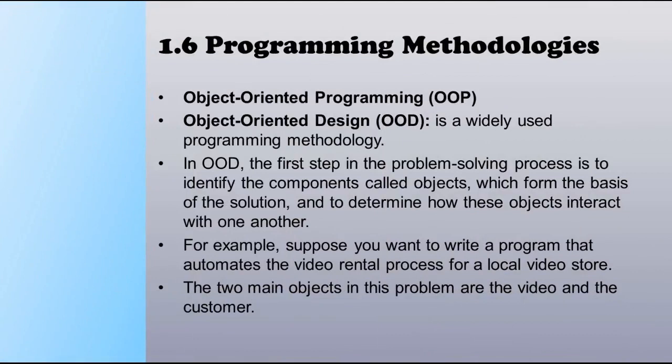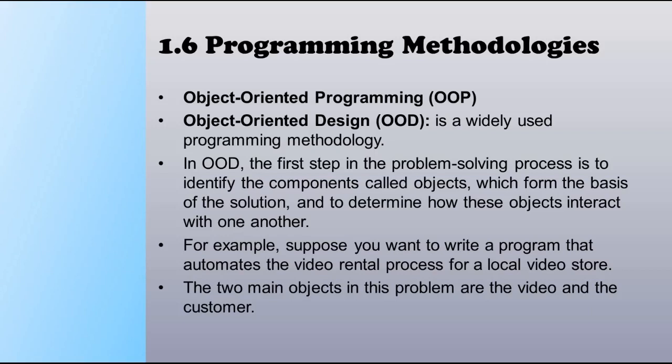Object-oriented programming is a widely used programming methodology. In object-oriented design, the problem-solving process is to identify the components, which are known as objects. Objects are like a mini-world that has identifiable properties, methods, and behavior, which form the basis of the solution.